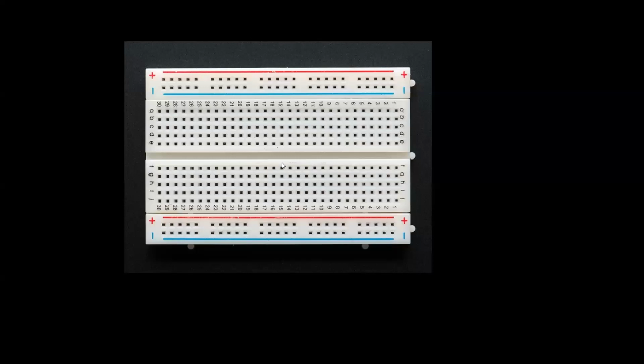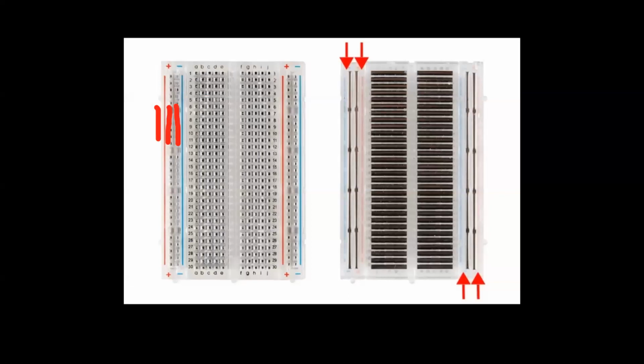The way a breadboard works is basically all of these horizontal rails are connected to each other. If I put wires into these holes, they are going to get connected to each other because there are metal strips under the holes. This is the pattern in which they're connected.